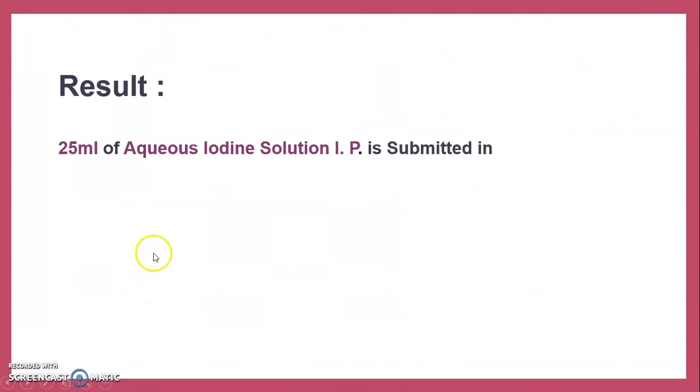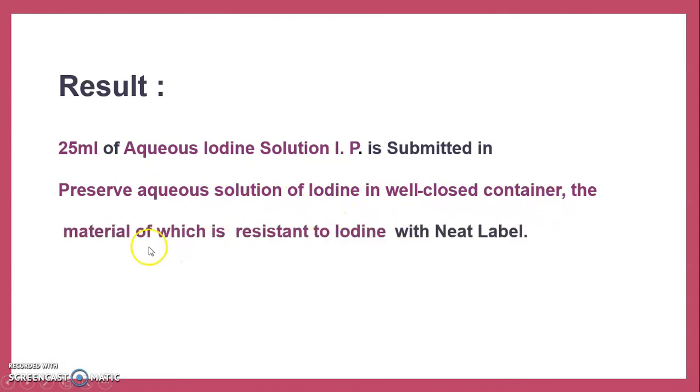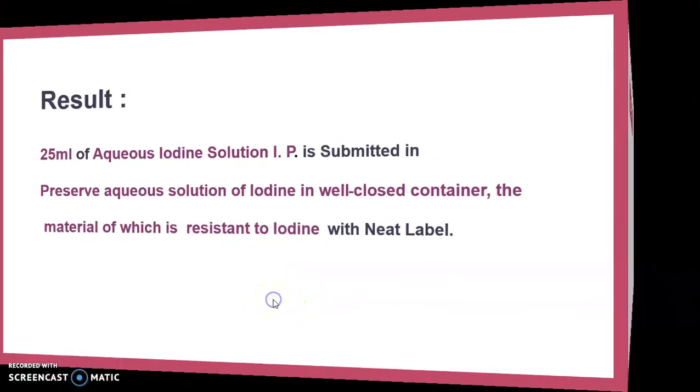Then next we see the result. The result should be mentioned as 25 ml of aqueous iodine solution is preserved in a well-closed container, the material of which is resistant to iodine, that is an amber color bottle with a neat label. In this way we mention the result.